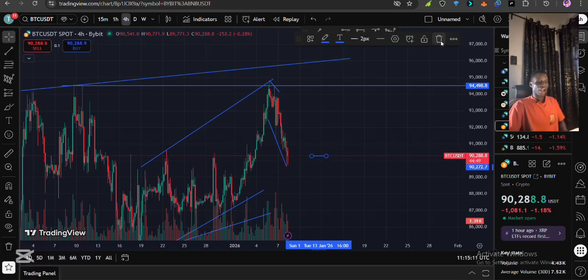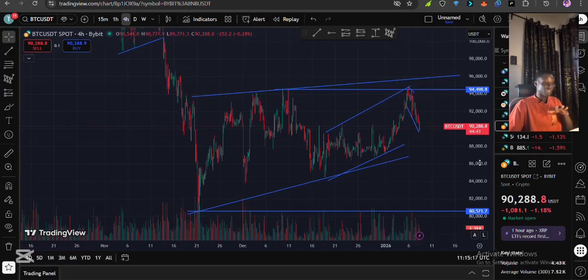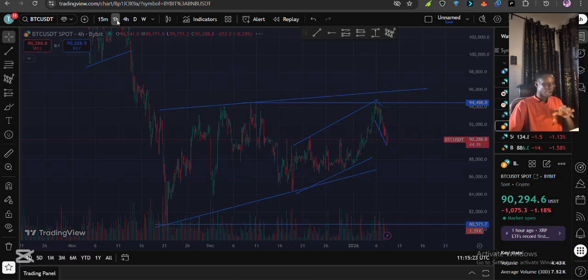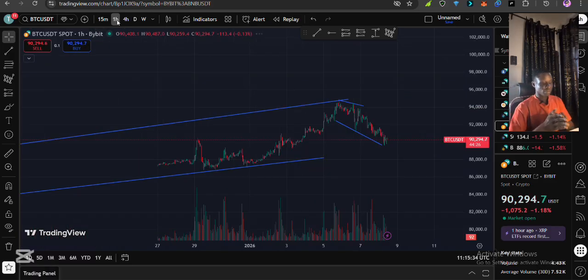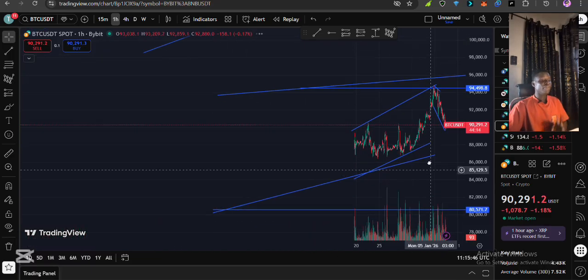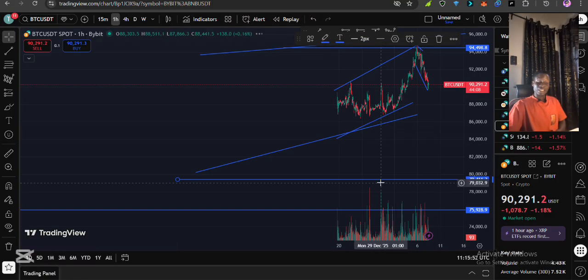So we'll be switching to our 1 hour time frame to see more about the information we've gathered from our 4 hours time frame so far, and how we can conclude and have a mind shift that from the bearish nature of BTC that we've seen on the daily time frame, we can still pick up on the bullish nature, which is just a short buy, because we still haven't completed the 90% rule that we are seeing on the daily time frame.